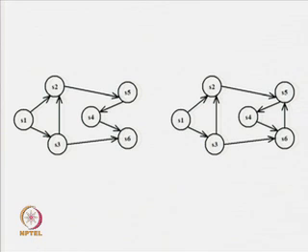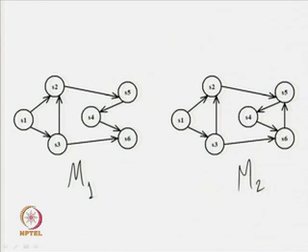Now, just look into this particular model. I am saying this is M1 and this is M2. Are these two models Kripke structures? Both have a similar structure, similar states, and we are talking about transitions only. The labeling function is not shown here, because we are not talking about the set of atomic propositions.